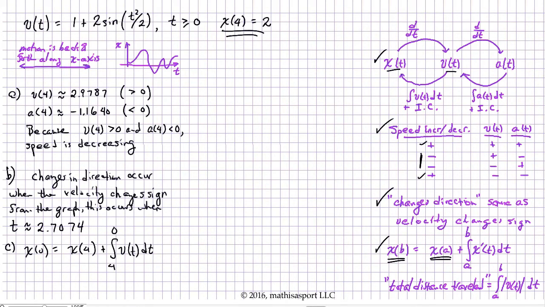So again, let's put in the numbers that we have. We know that x of 4 is 2, and so we'll just use Math 9 to find this number, and then we can write out the combined result.